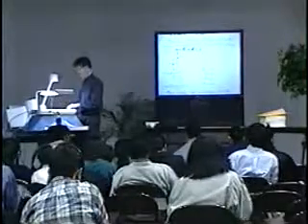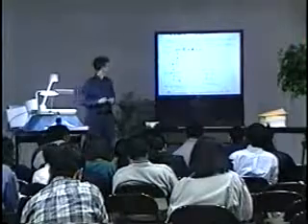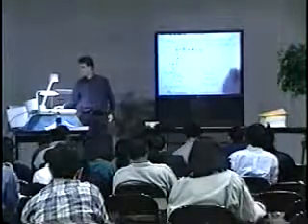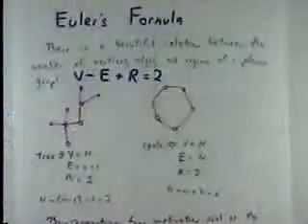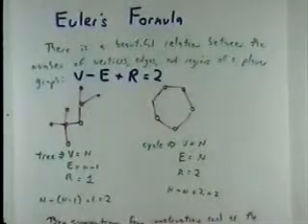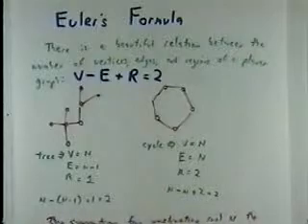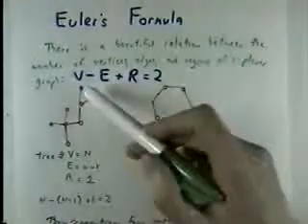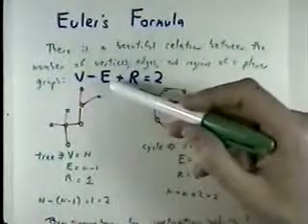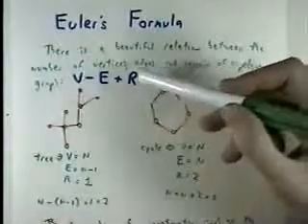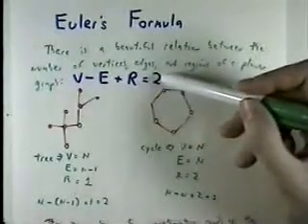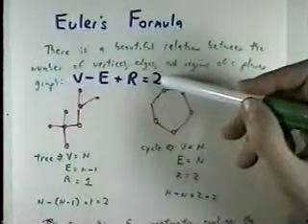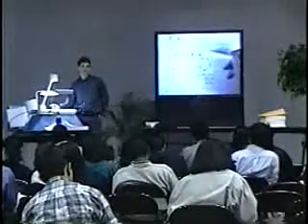This is Euler's formula. There is a very beautiful relationship between the number of vertices, edges, and regions in planar graphs. In particular, the number of vertices minus the number of edges plus the number of faces is 2. Always.